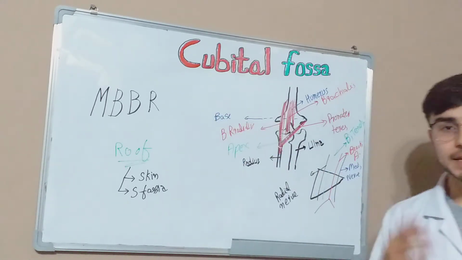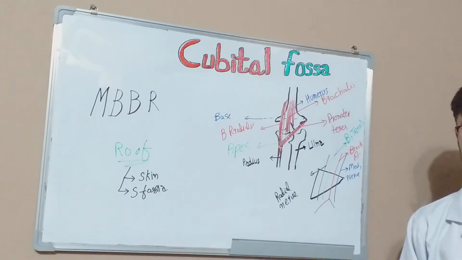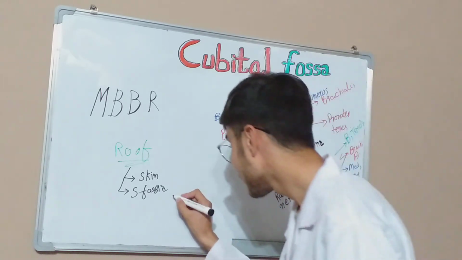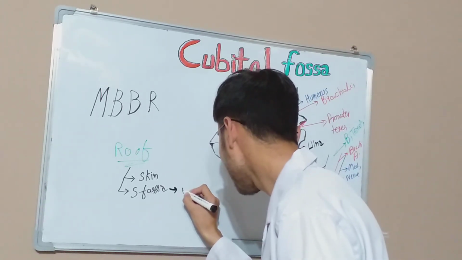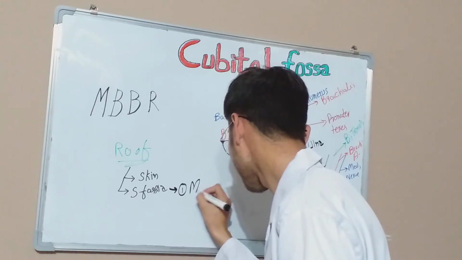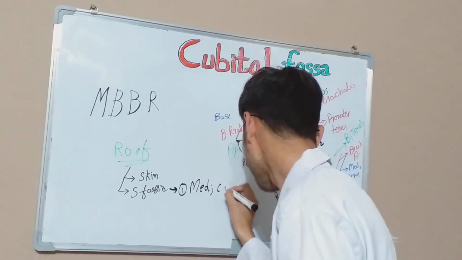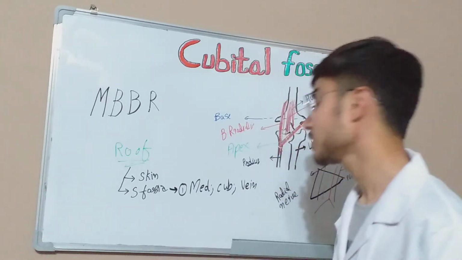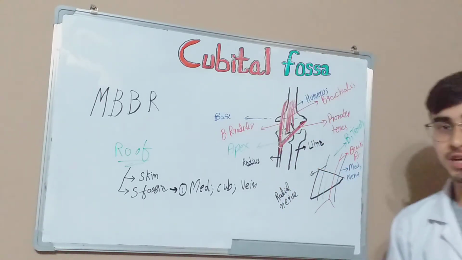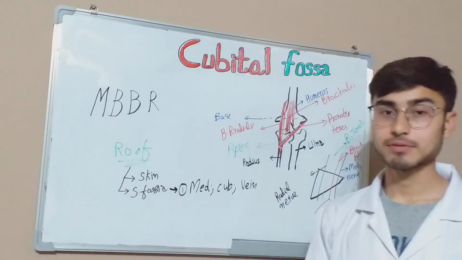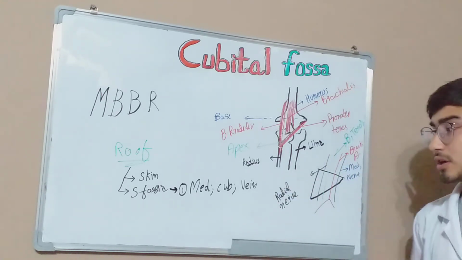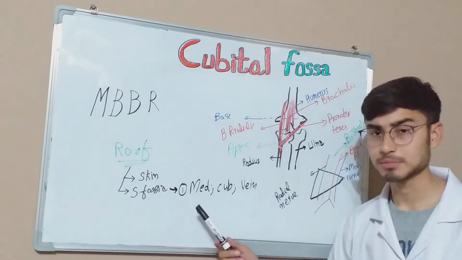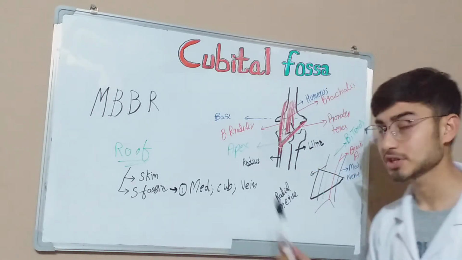Between the skin and the superficial fascia, we have some superficial contents of the cubital fossa. This contains the median cubital vein. The median cubital vein is called the favorite site for nurses, because whenever nurses are going to inject a syringe, they basically inject into the median cubital vein.